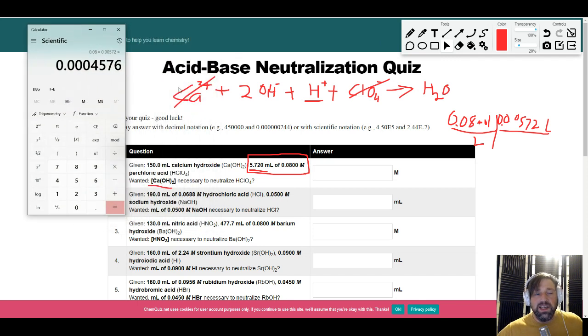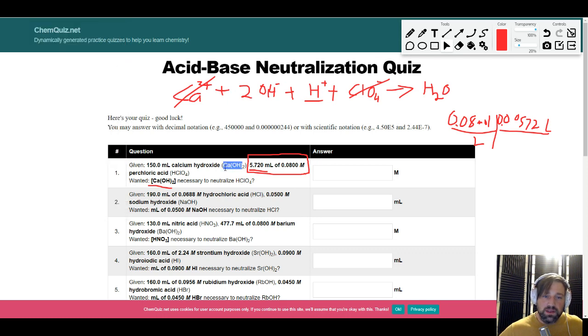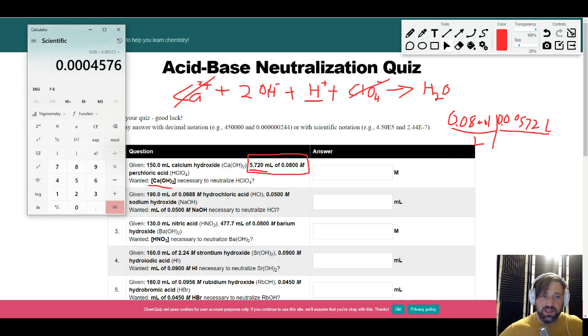All right. Now, here's the thing. For every 1 mole of calcium hydroxide, we're popping out 2 hydroxides, right? Which means 1 mole of this will neutralize 2 H pluses.